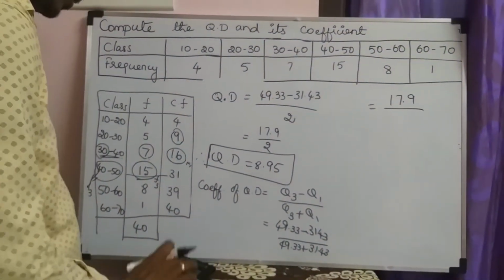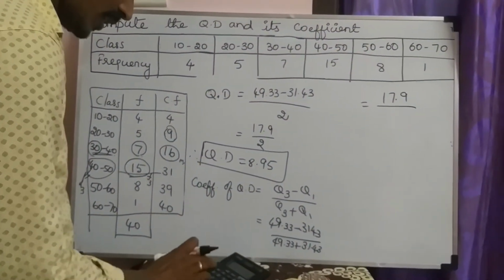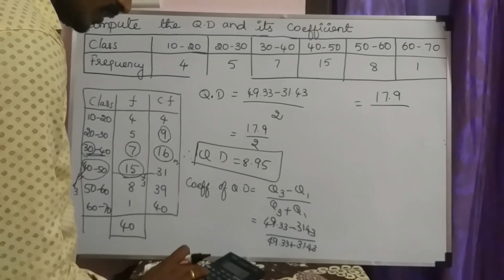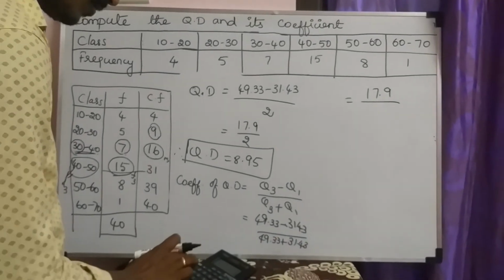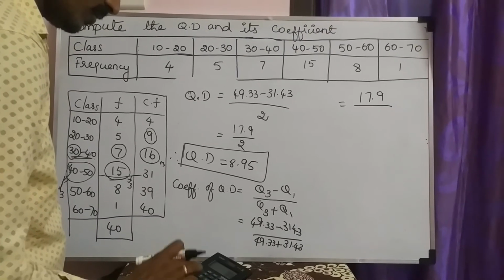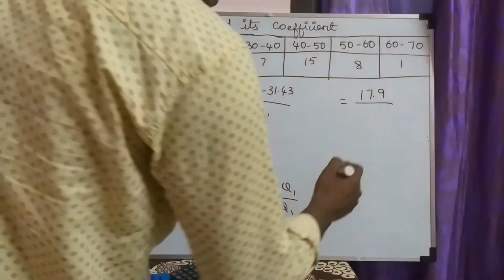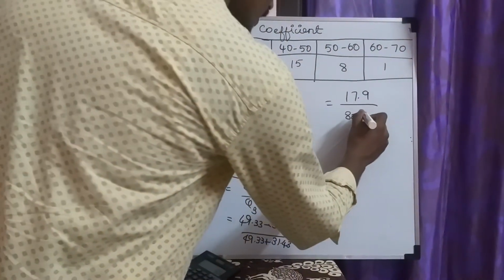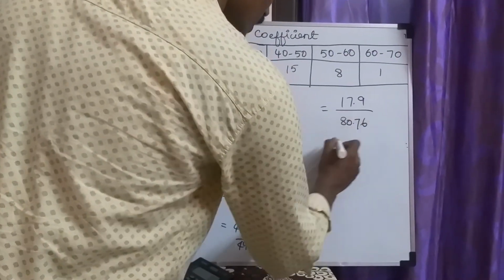Now add the values of 49.33 and 31.43, which is 80.76.